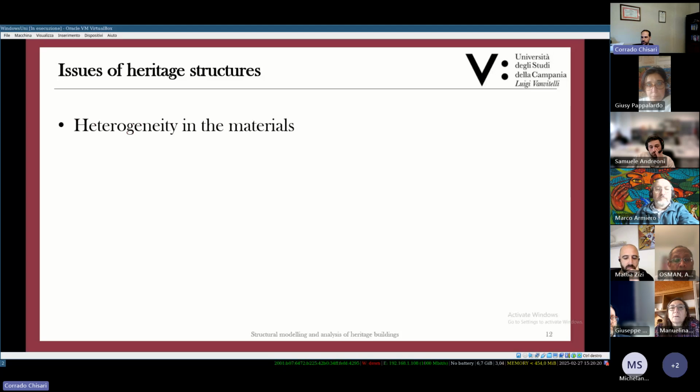So we can have very different materials because heritage structures have a long history of changes, modifications, and there was no standardization before the industrialization era, let's say.